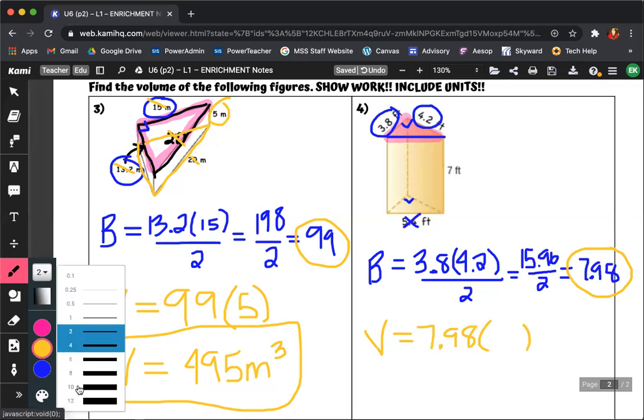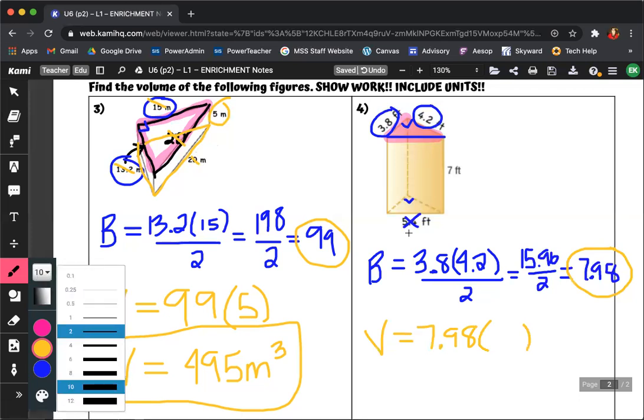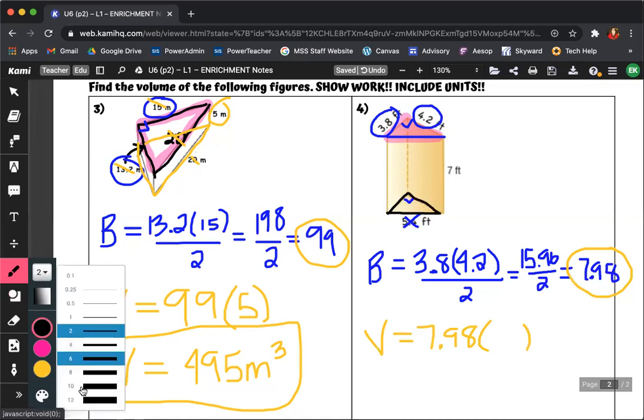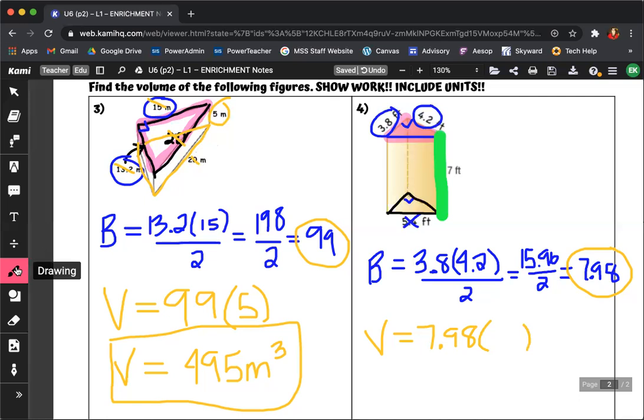I'm looking for what measure is connecting the two triangles to each other. So a reminder, we're looking at what connects, I'm going to use a different color for that. What connects this bottom triangle to the top triangle? So I see this side right here is the one that's connecting those two.